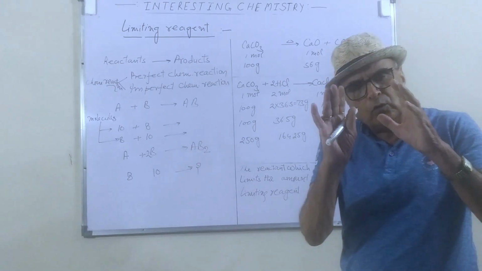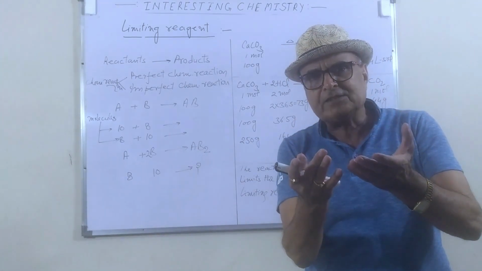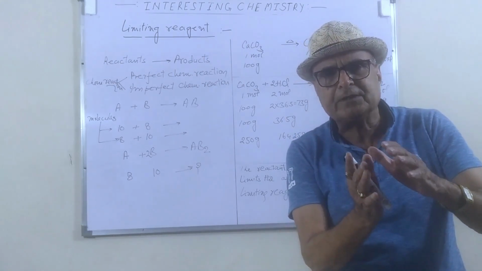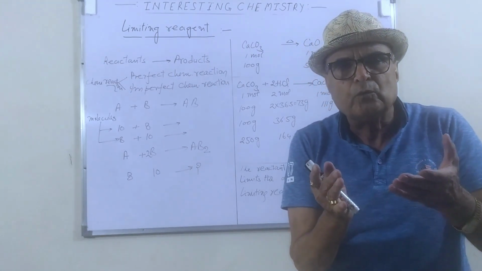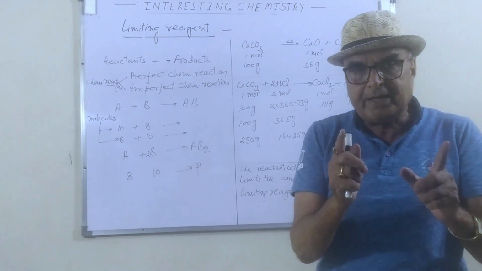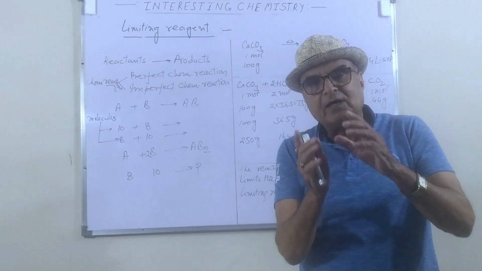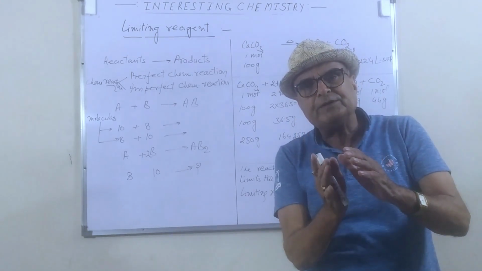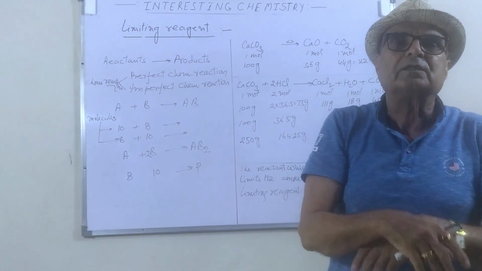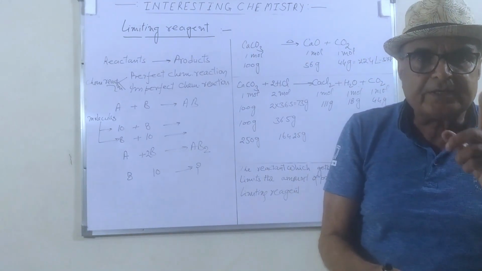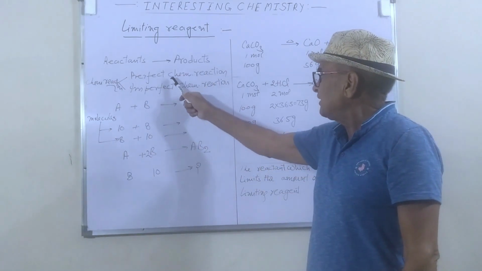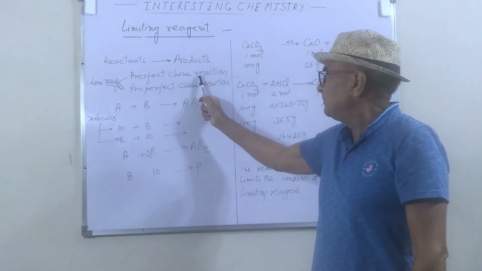So the total amount of calcium carbonate taken in the chemical reaction will be converted into product. When the total amount of reactants is converted into the products, that reaction is called a perfect reaction, a perfect chemical reaction.